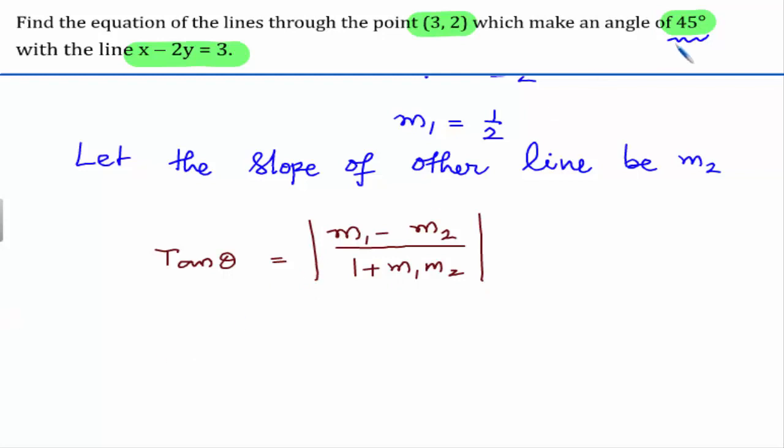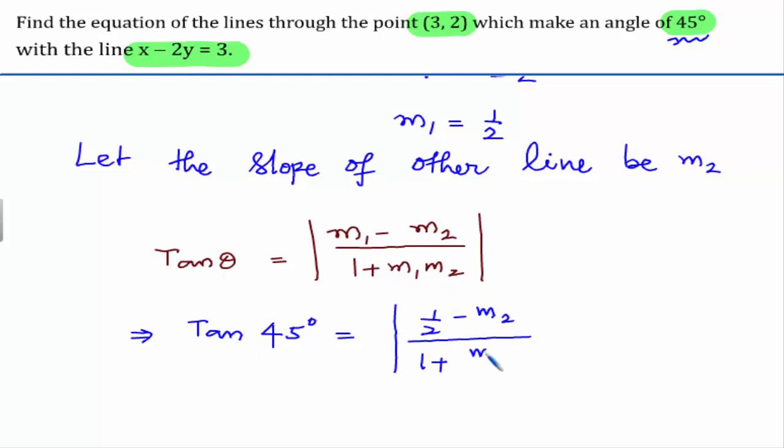Now theta is given as 45, so tan 45 degrees is equal to (m1 is half minus m2) by (1 plus half into m2), that is m2 by 2.